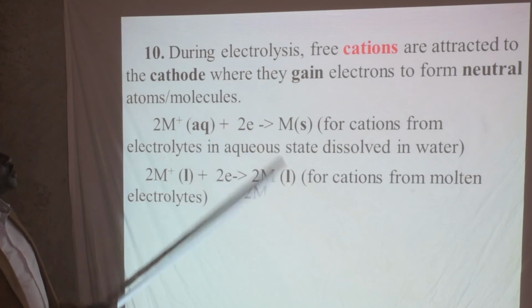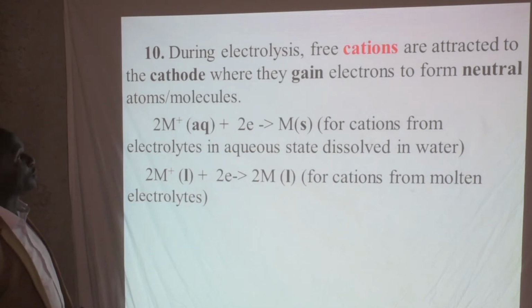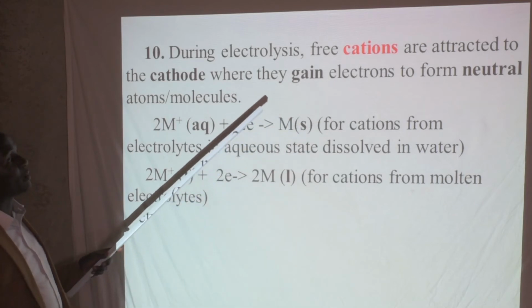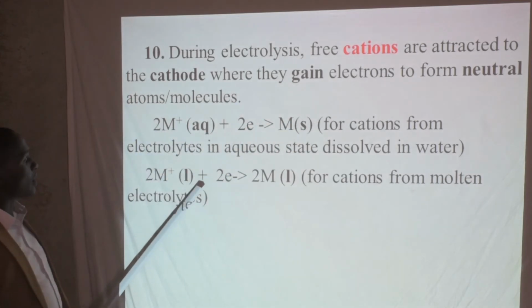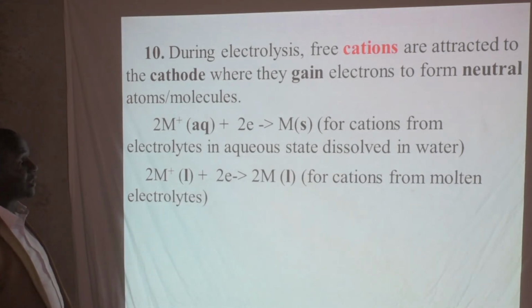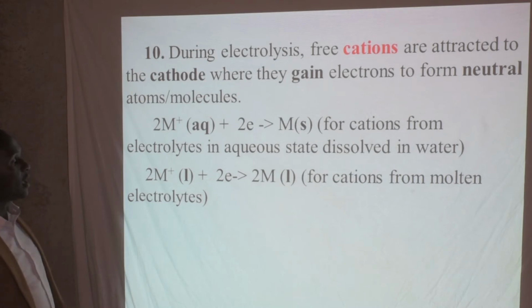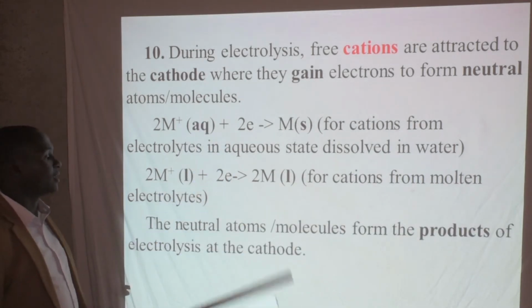During electrolysis, free cations are attracted to the cathode where they gain electrons. Remember, the other one was losing electrons. So they gain electrons here to form a metal. The other one was forming an ion, and this one is forming a metal. If we have a monovalent, then we have a divalent, the same.